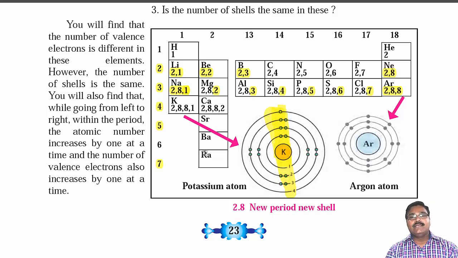Third trend is metallic character. Metallic character is nothing but the capacity of donating electrons. That means the elements which have more capacity to donate, or which can easily donate electrons, are more metallic. Here we will see the example of sodium. Sodium has one electron in its outermost shell, and let us take an example of aluminium.